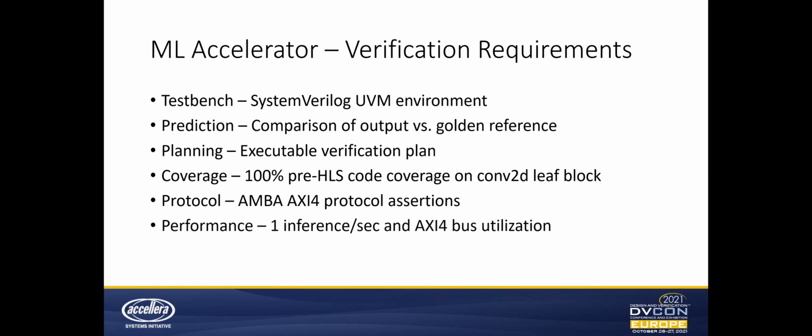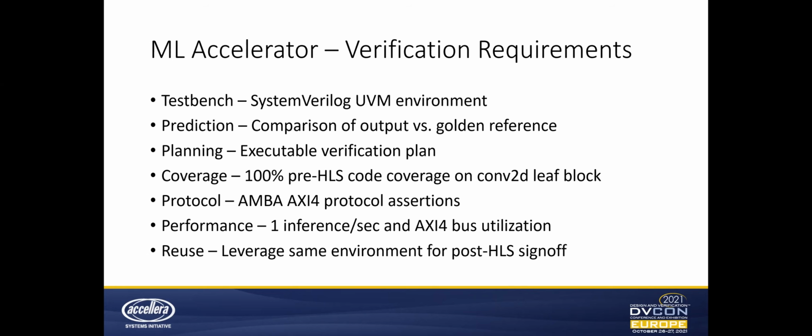We need to confirm that the design's performance requirement of 1 inference per second can be achieved. And finally, this verification environment needs to be reusable. We want to be able to replace the pre-HLS source with the post-HLS RTL in our existing environment so that we can quickly complete our verification sign-off.